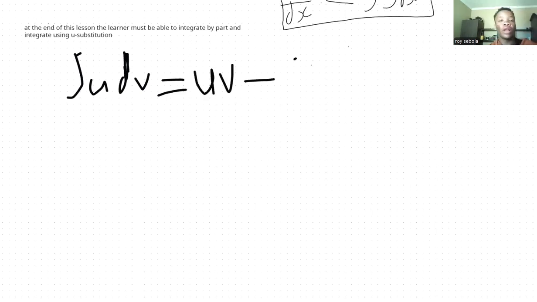So according to the formula, we are going to have u and v, dv and du. This is the general formula for integration by parts.